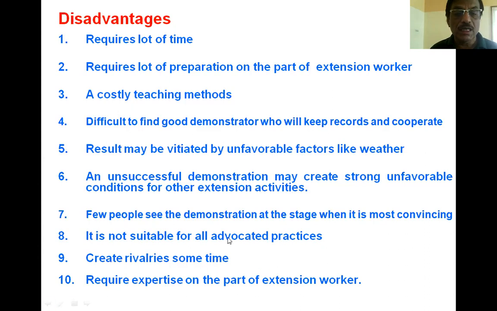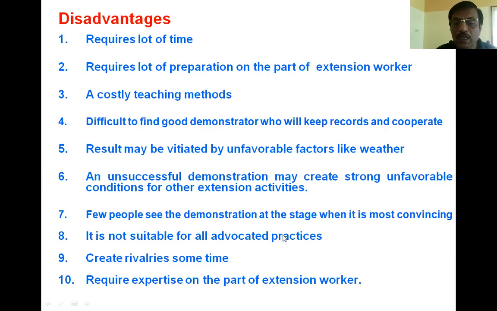It is not suitable for all the advocated practices. Sometimes it is. In the case of variety, it is possible, and in the case of spacing, it is possible. But showing the results of treating the seeds with chemicals or with rhizobium is very difficult.